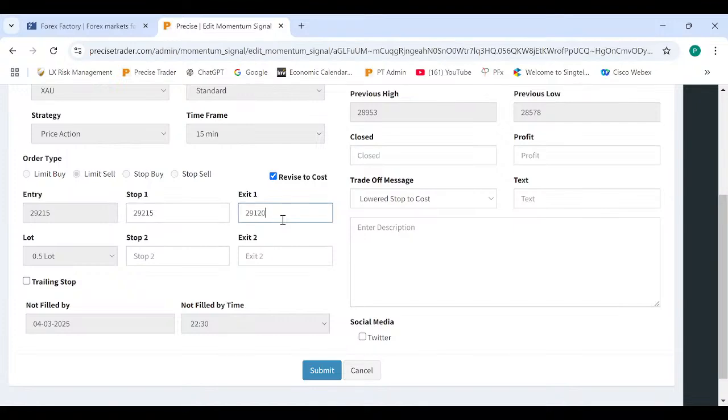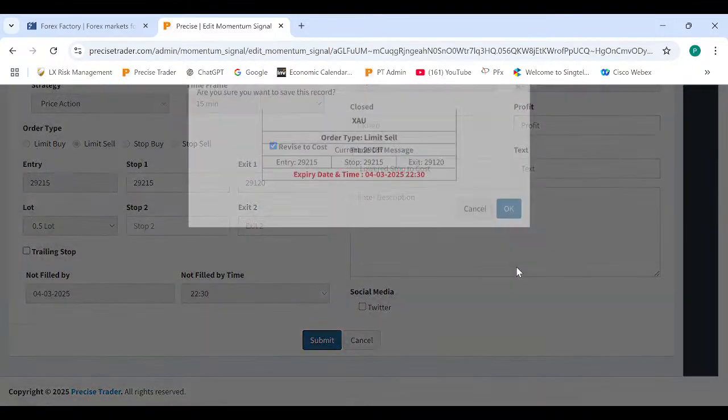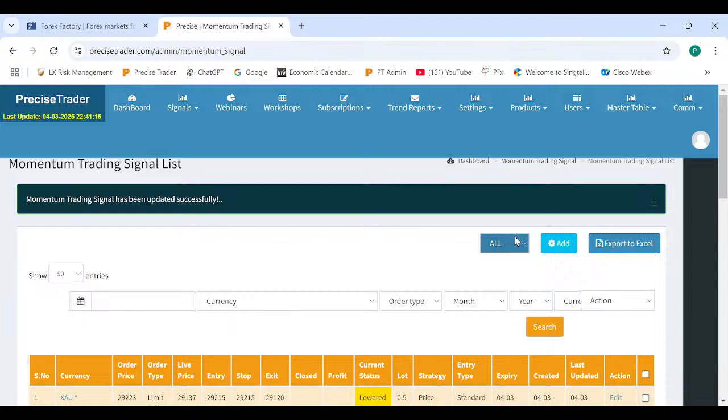So we do a partial booking of our profits. Try to close at 12, so at least we don't take too much risk. Once we close at 12, we can do a re-entry again. That is what I'm going to tell you.